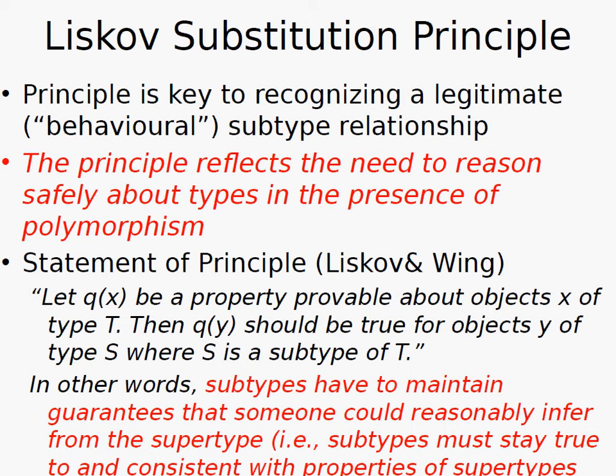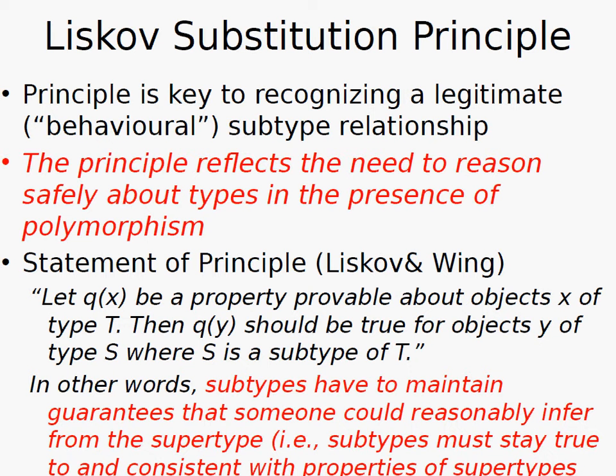Okay? To avoid surprising anyone who's relying on the supertype, relying on the properties of a car, for example. So subtypes have to maintain guarantees that someone could reasonably infer from the supertype. In other words, subtypes have to stay true and consistent with the properties that are apparent from the supertype.